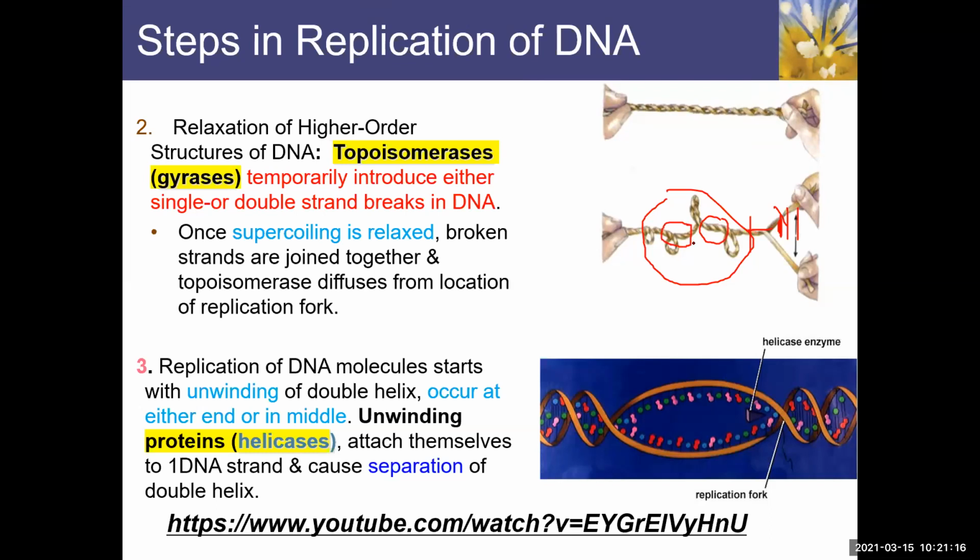So it can cause either a single strand break or a double strand break, and that's how it removes the supercoiling of the DNA, and the DNA becomes more relaxed after this, right? But remember that it not only cuts the DNA, it cuts the DNA as well as joins it back again, right? So this is done by the topoisomerase.